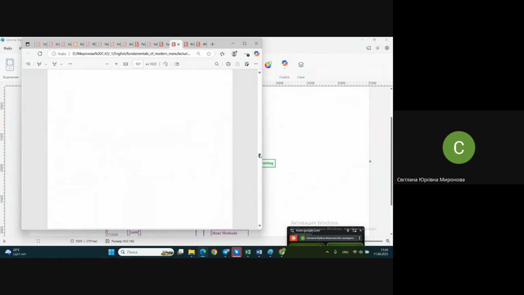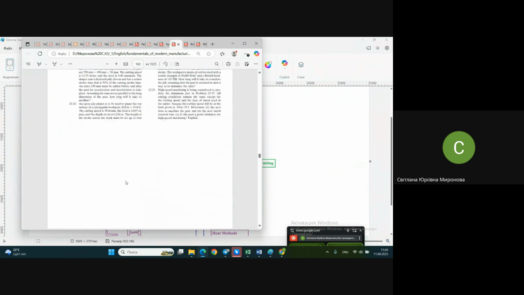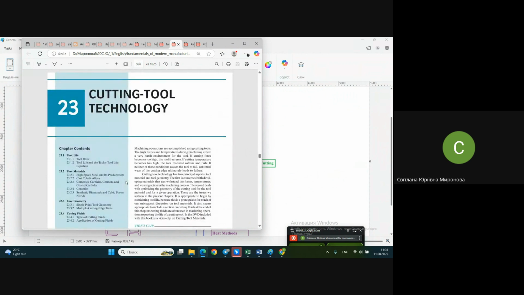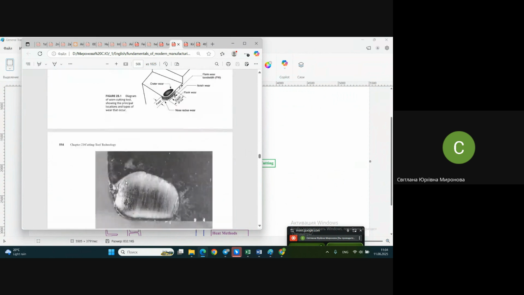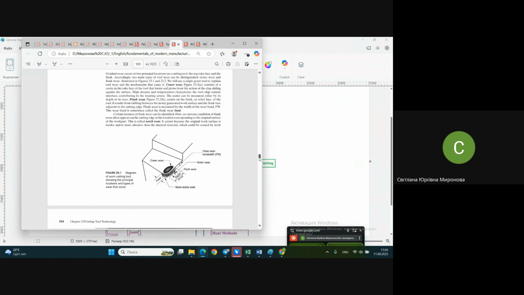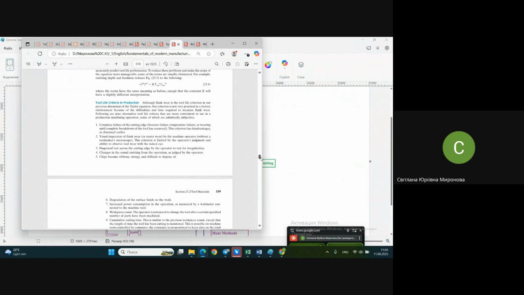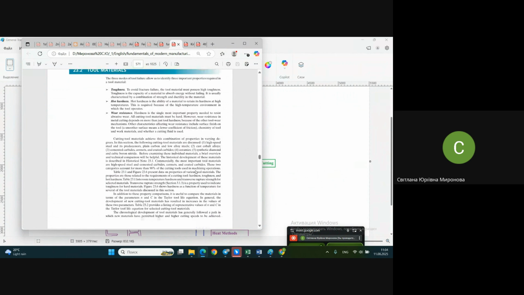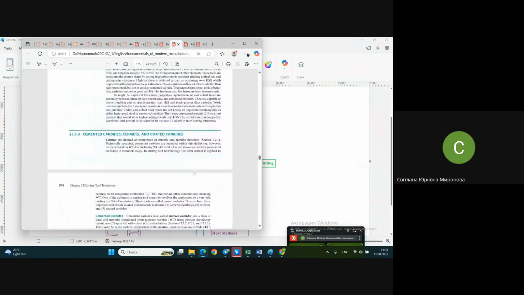Next, 23rd, 24th, it's still about cutting tool technologies. No, that is already for advanced things. It's about the tool itself, tool product life, and so on.